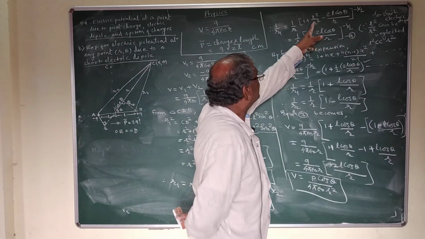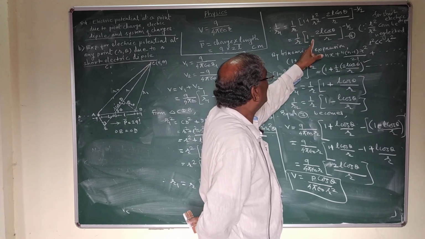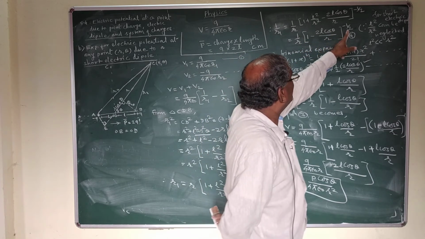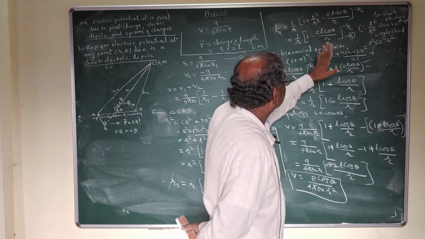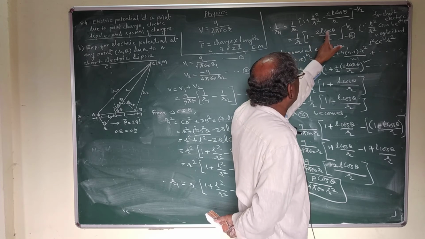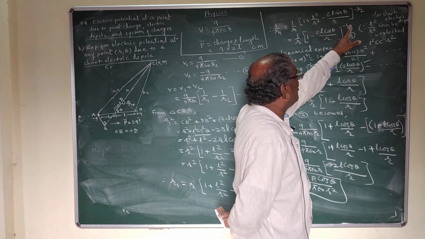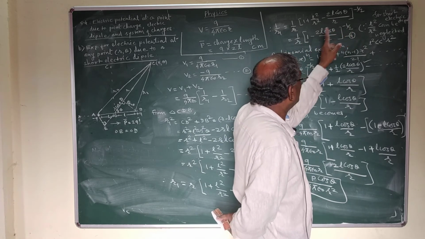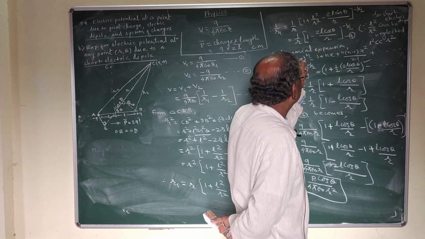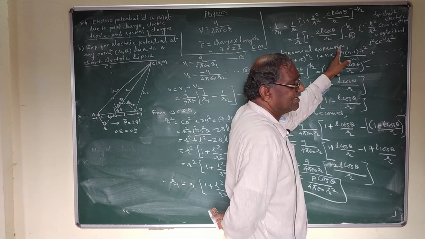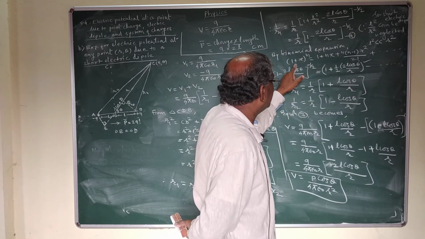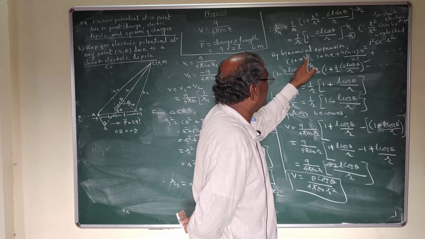Hence, this is 1 upon R, 1 minus 2L cos theta upon R to the power minus half. This is the value. But this bracket term is 1 minus 2L cos theta upon R to the power minus half. We have to find the value of this bracket term by using binomial expansion. So that by the rule of binomial expansion, 1 plus x to the power n is equal to this.